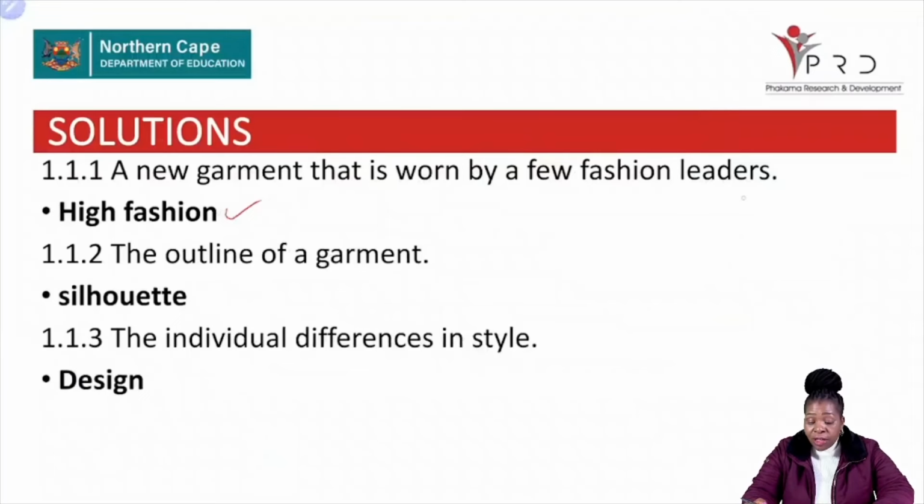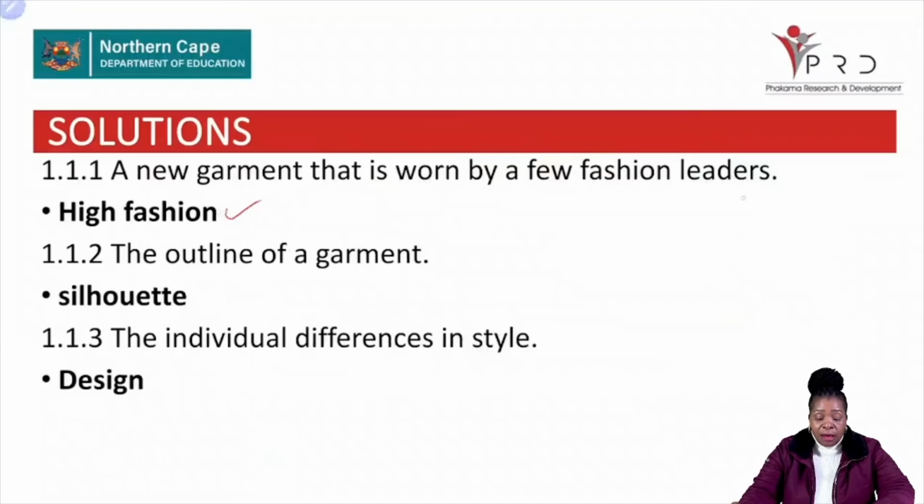On the fashion cycle that we discussed in our past revision lesson, we said this stage could be the introduction stage or the launch stage of a fashion item. This is the time when only fashion leaders are wearing it, or maybe we only see it when they do their catwalk or any other functions that they do.